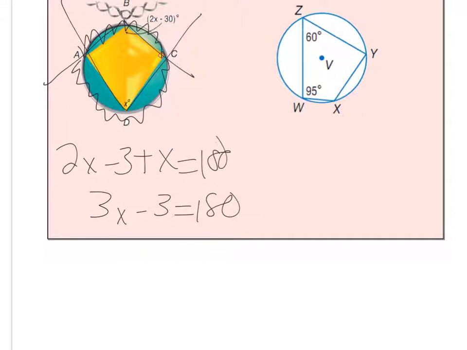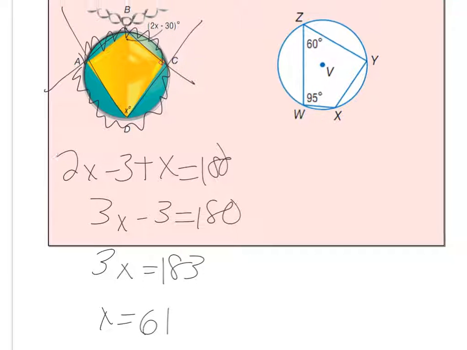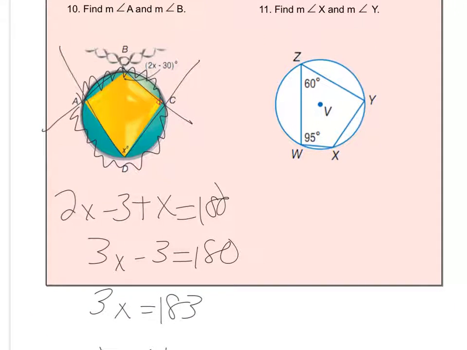So 3x equals 183. So that's going to be 61. So figure out A, figure out B. So this is going to be 61. This is going to be 112 minus 30.